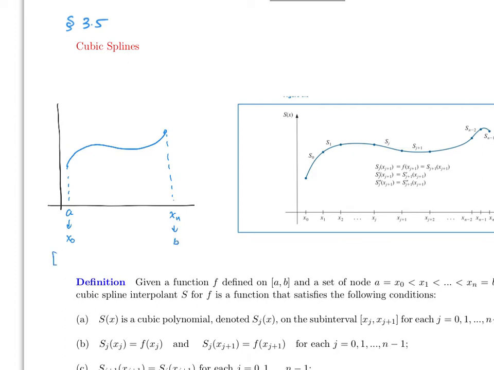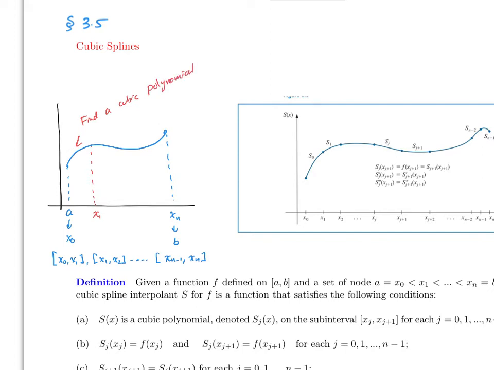Therefore we're going to divide this into n intervals: x0 to x1, x1 to x2, and so forth, all the way to xn minus 1 to xn. And the idea is that at each interval we're going to find a cubic polynomial.